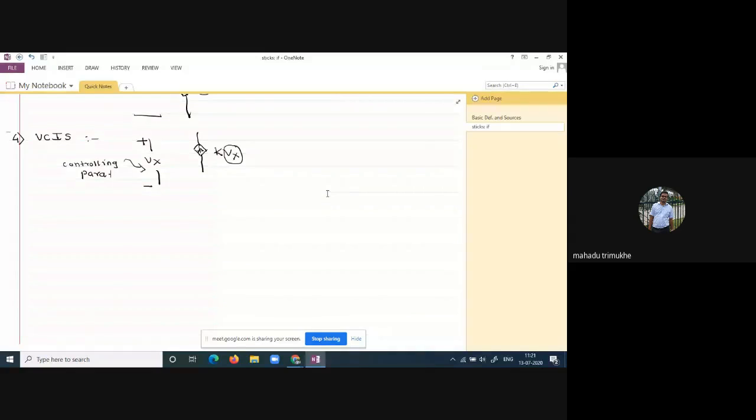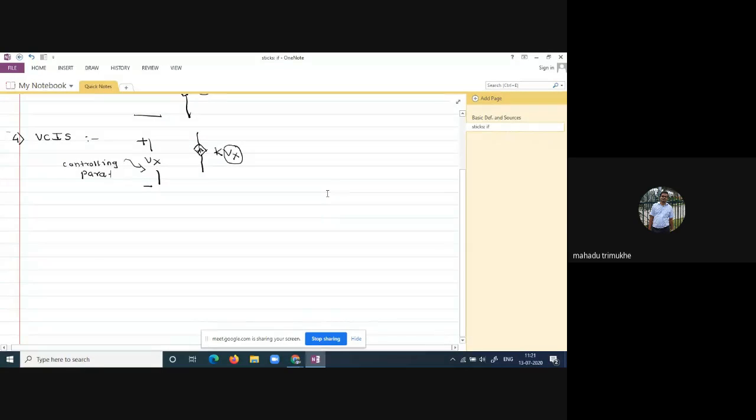Series combination, parallel combination. What is the concept of short circuit? What is the concept of open circuit? How a source is converted from current into voltage, and voltage to current. That is called the source transformation rules and so on. Right? You may have studied that already in basic electrical engineering.